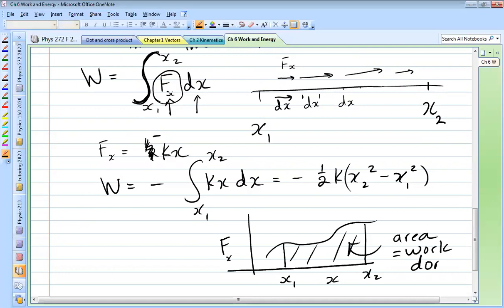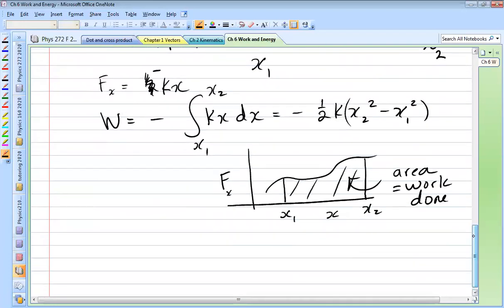So if you happen to know the equation for the force, fine, you put it into the integral and you integrate. If you happen to know the picture for the force, you can geometrically work out what this area is and you'll get the work done. That area, remember, would then be, as long as there are no other forces, also the change in kinetic energy.